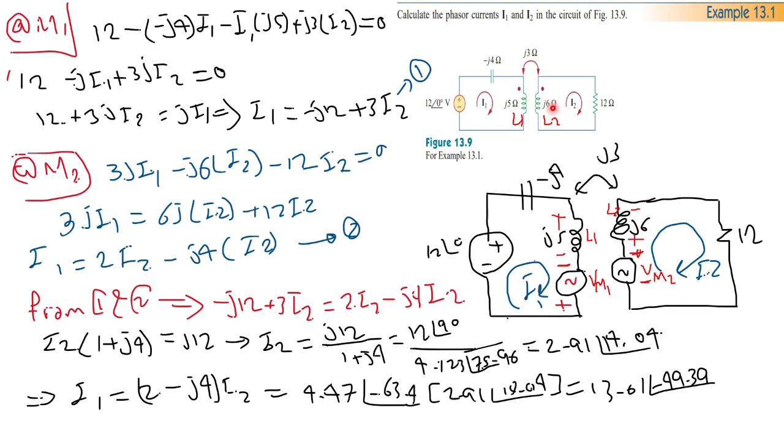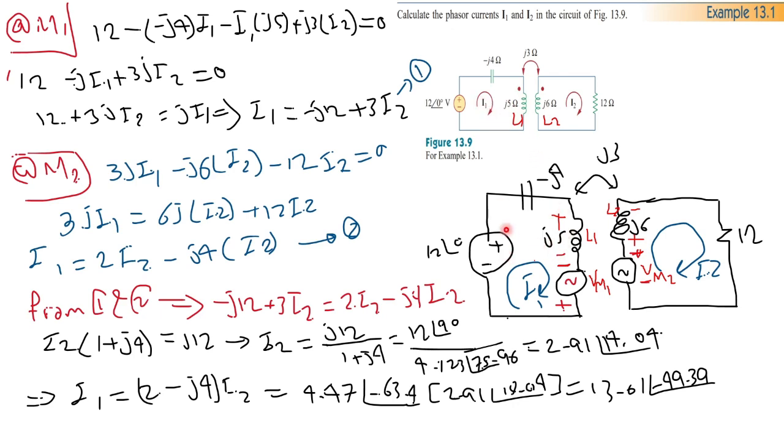Then we have to check the dot convention. I1 enters the coil L1 at the dot, and I2 leaves the coil L2 at the dot. So this is an opposing connection case. So the mutually induced voltage on L1 would be with reverse polarity to the self-induced voltage around L1.